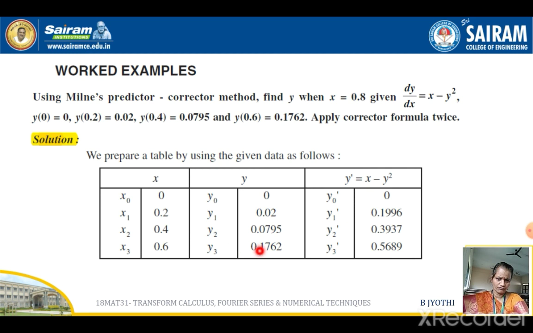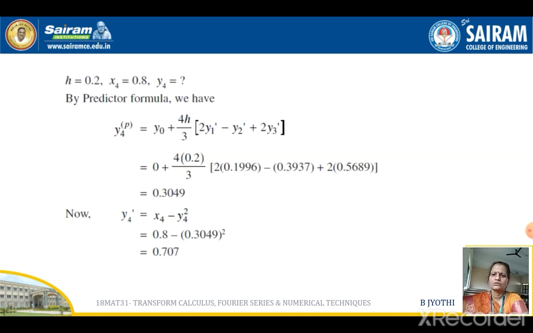Okay. Now we will apply the modified Euler's formula, which is given by y1 of 1 is y naught plus h by 2 into f of x naught, y naught plus f of x1, y1 of 0. This y1 of 0 is obtained by using Euler's formula.